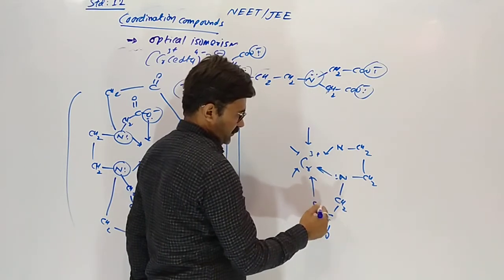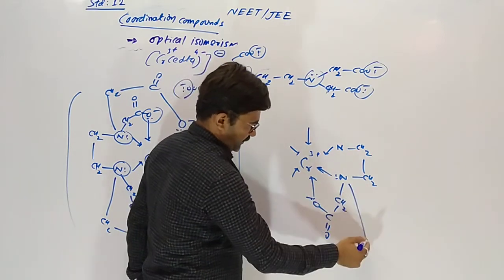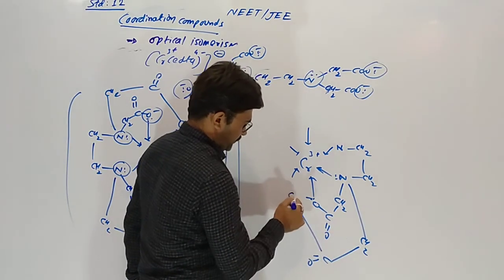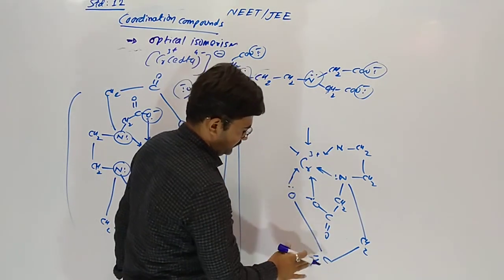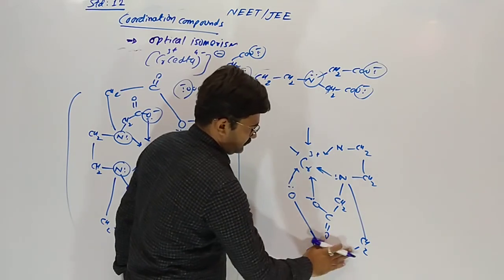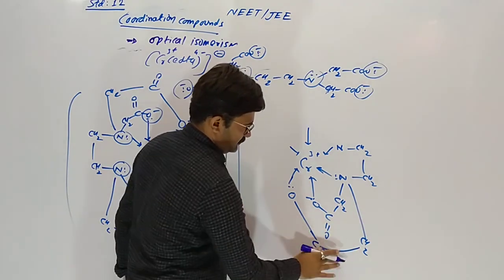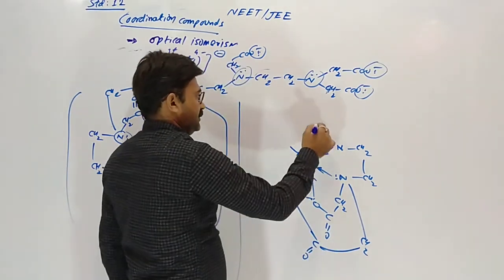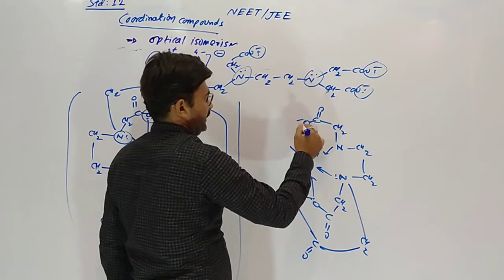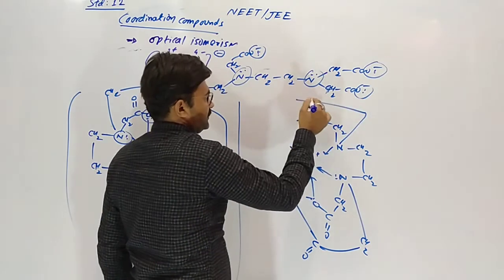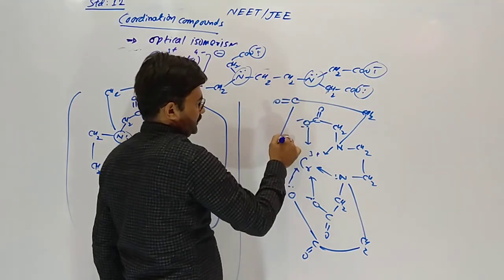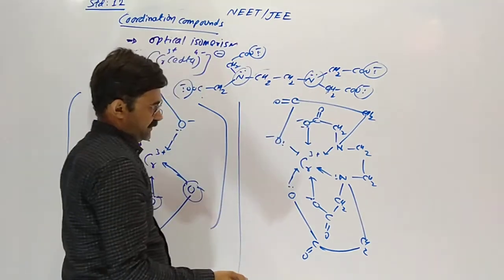CH2, COO minus, CH2, COO minus. Now here CH2, COO minus, then CH2, COO minus, like this.